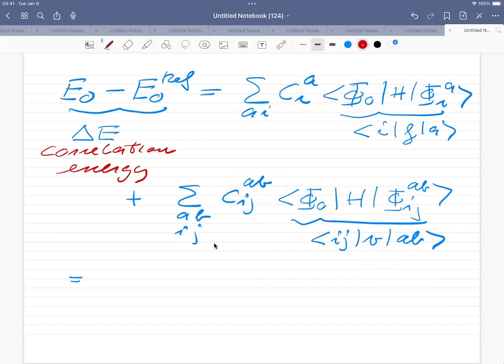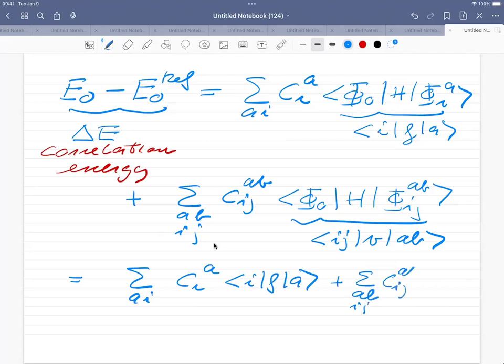So I'm going to show you what we are going to find later. This correlation energy can then be expressed, if you have a two-body interaction only, and if you have a three-body term, you need an additional term from three-body correlations. But this is going to be given in terms of specific matrix elements, plus this AB IJ, and then I have these unknown coefficients if I don't diagonalize.